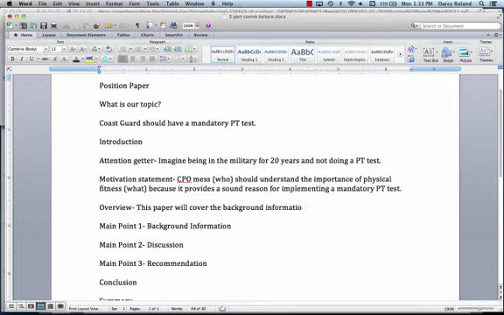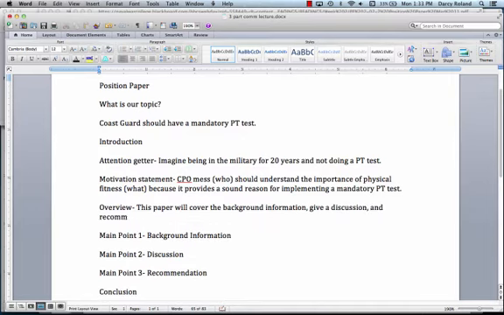We'll cover the background information. Okay, so the overview: This paper will cover the background information, give a discussion, and recommendation for implementing a mandatory PT test in the Coast Guard.